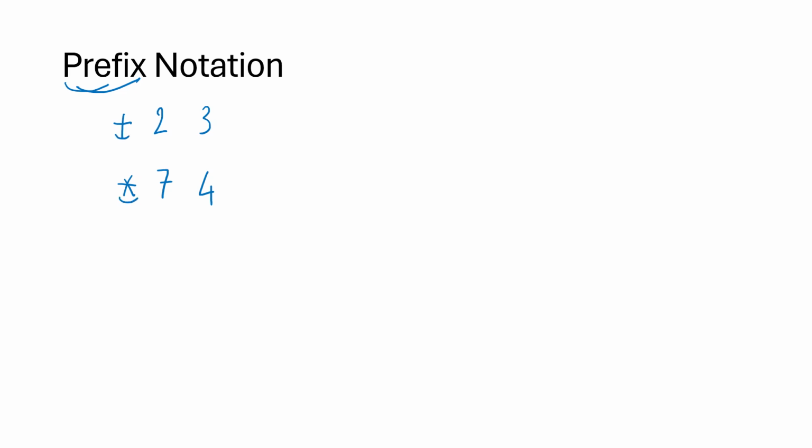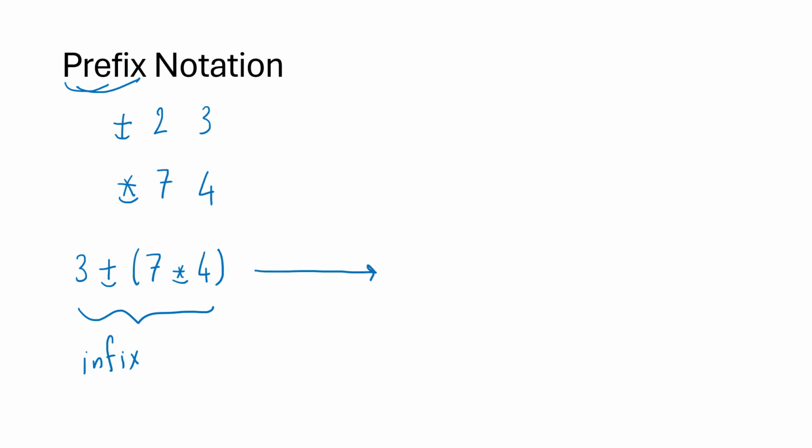Now, if you have more than that, so if you have something like, let's say 3 plus 7 times 4. So obviously this is in infix notation, right? Because the multiplication is between the two numbers that we are multiplying, and then the addition is between the two expressions that we are adding. So this is infix.